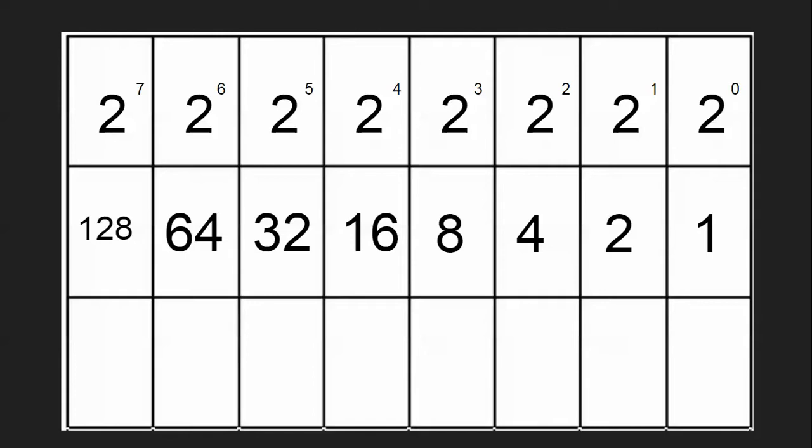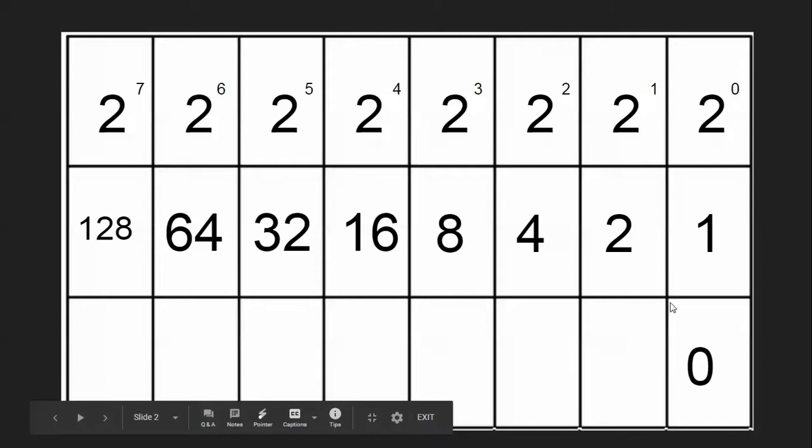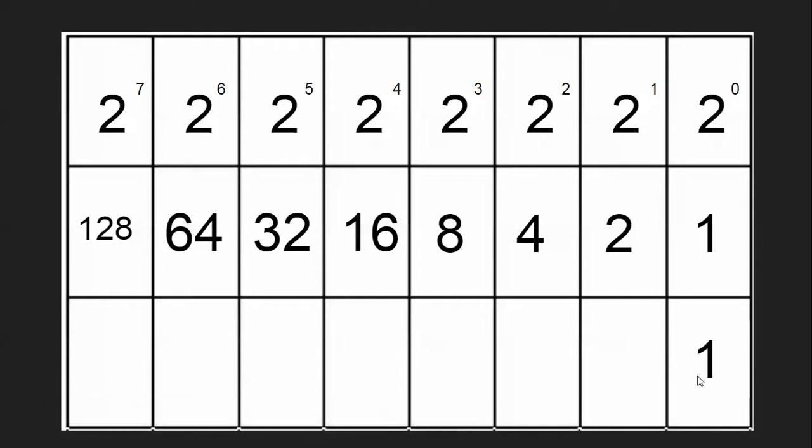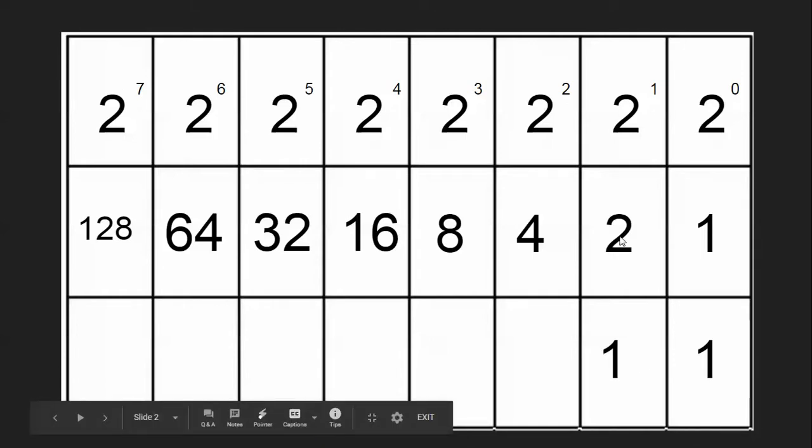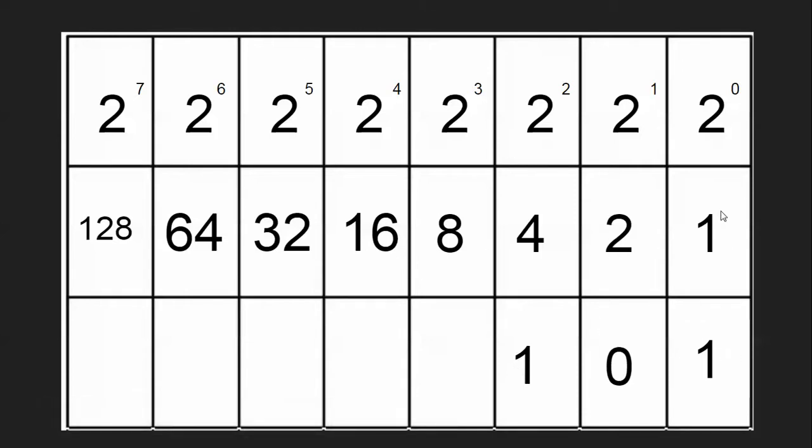So if we were counting in binary or a base 2 system, you would start with 0. Then you would go up to 1, and then if we added a 1 over here, we now have one value of 2 plus one value of 1, which is 3. So this is the number 3. This, of course, would be the number 5, because you would have a value of 4 plus a value of 1, and so on and so forth.